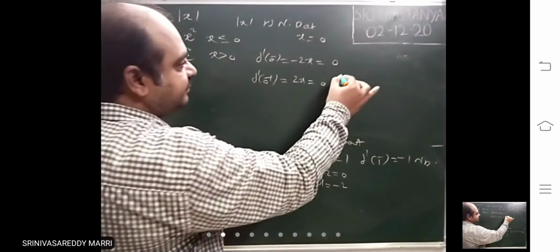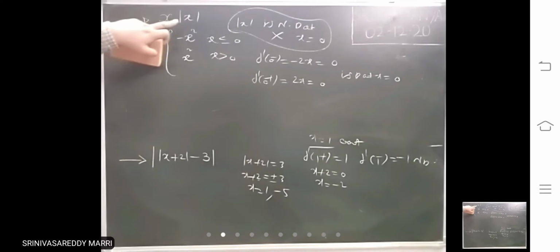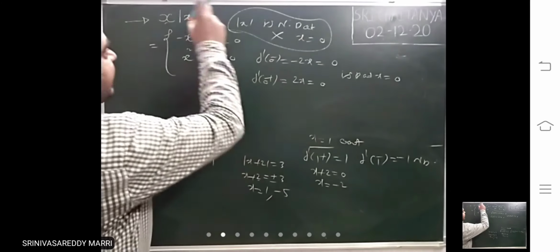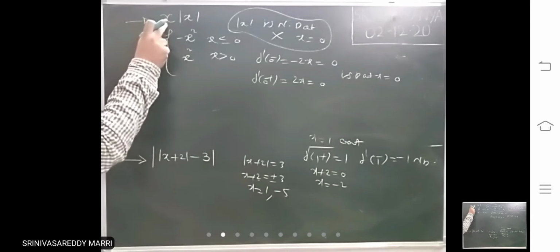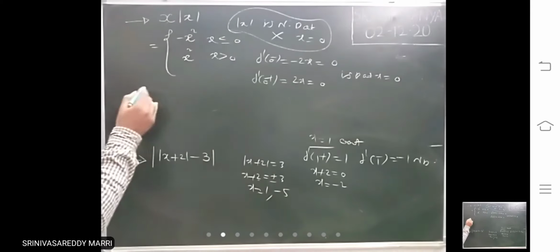But if you write like this, it will be wrong. Modulus x is there, but only modulus x is not there. X into modulus x is there. That means here the root you got, x equals 0, is the same factor. Here x is there, here x is there. Like that it is there means at x equals 0 it will be differentiable.